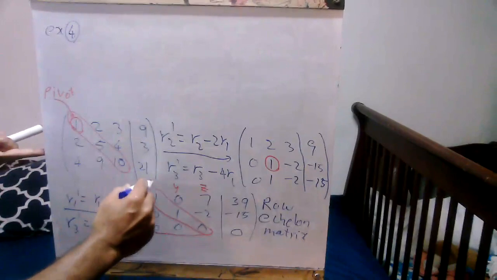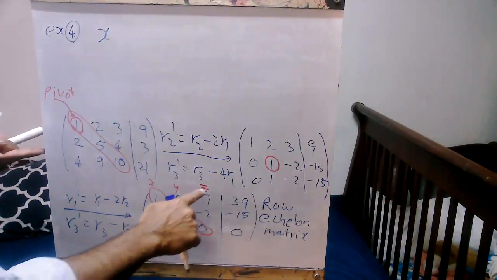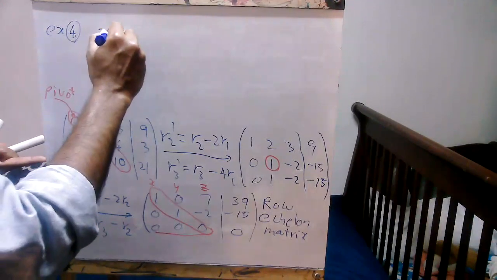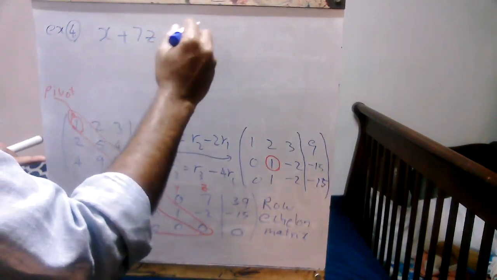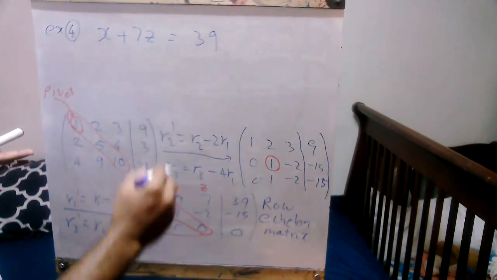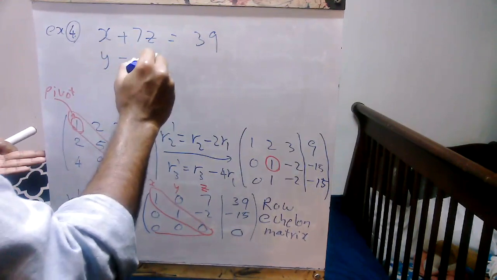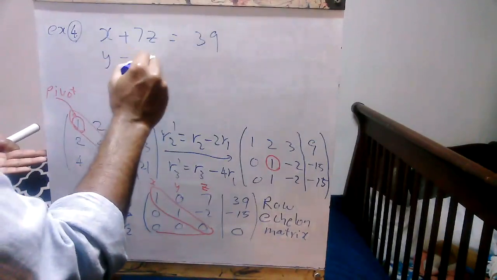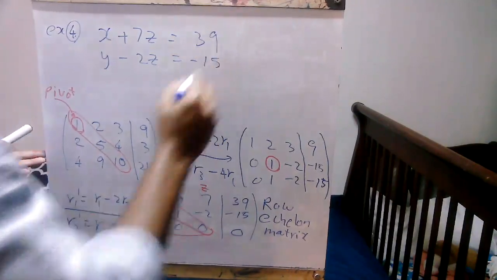We get x here, y times 0 is 0, plus we get this 7z equal to 39. We get y minus 2z equal to negative 15.